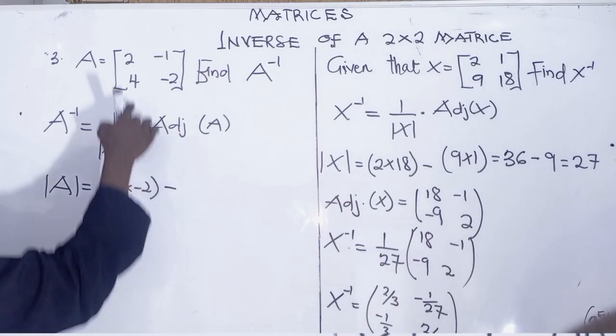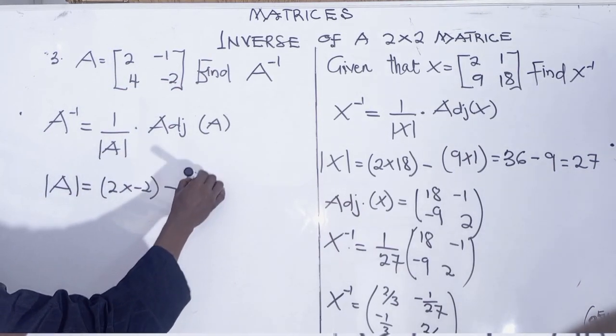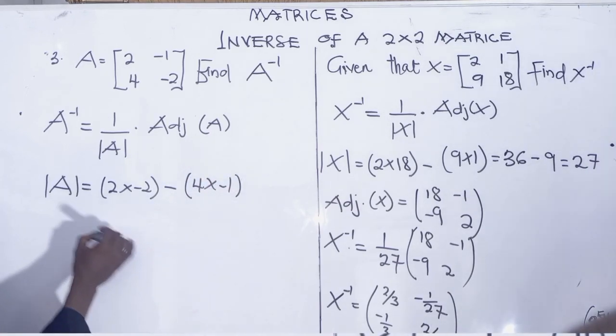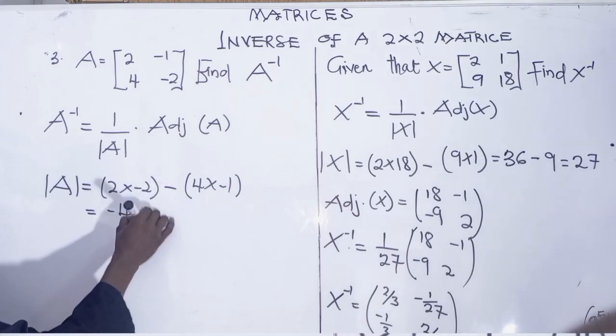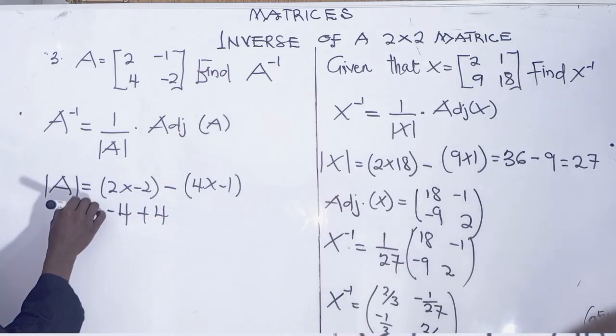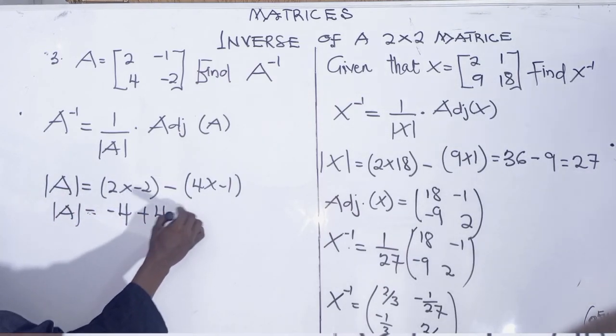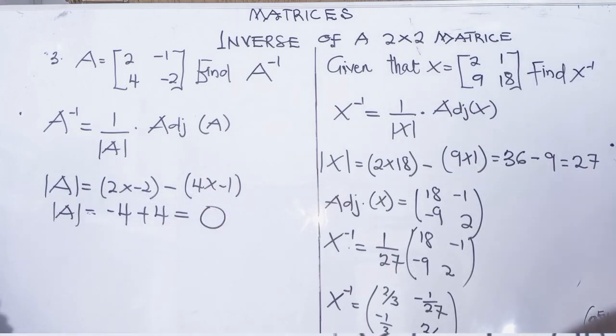Minus 2, minus 4 times minus 1. So this is going to give us minus 4 plus what? 4. So the determinant of this matrix is equal to 0.